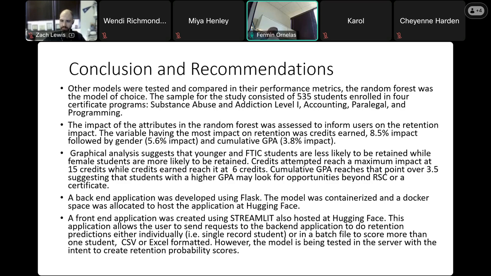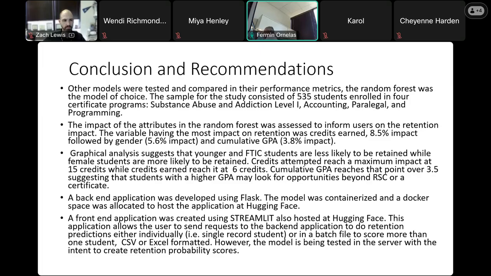And I made this speculation that students above that level of GPA might go for a certificate or might opt for transferring. By the way, many of these students go beyond the normal time frame that we considered in the study, and also the number of credits that they take.